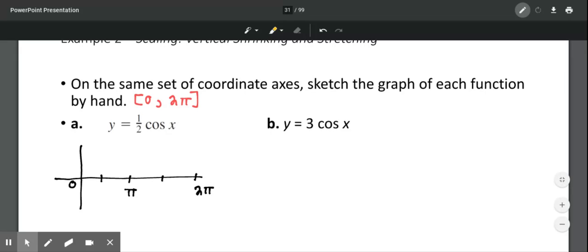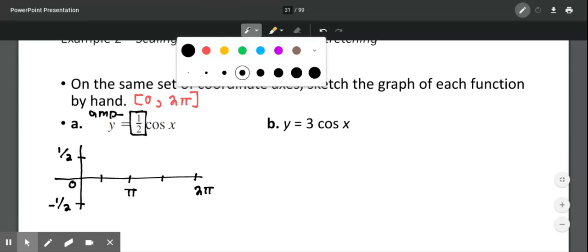And right here, this 1/2, this number in front, is our amplitude. Normally in your parent function it's a 1, which is why it goes up to positive 1 and down to negative 1. So in this case, it's 1/2. So instead of going up to 1, it's only going to go up to 1/2, and down to negative 1/2. And when you're drawing your own axes, you can just draw them with that amplitude already in there.